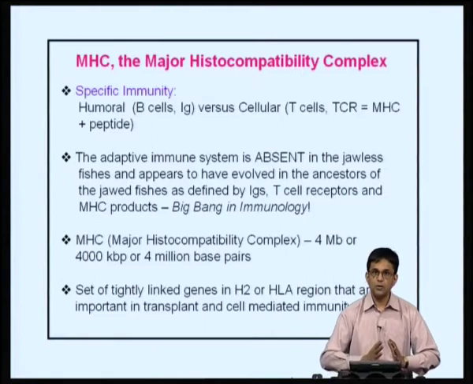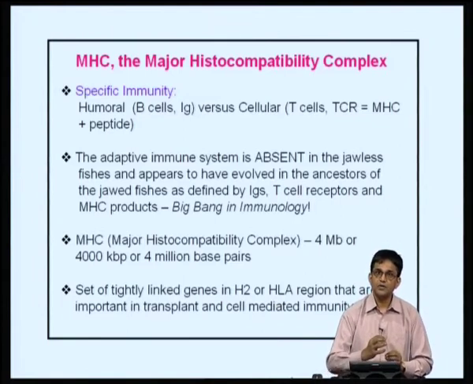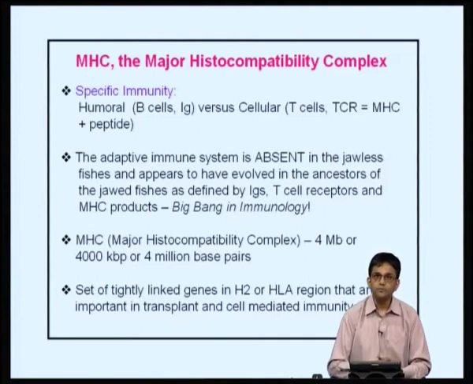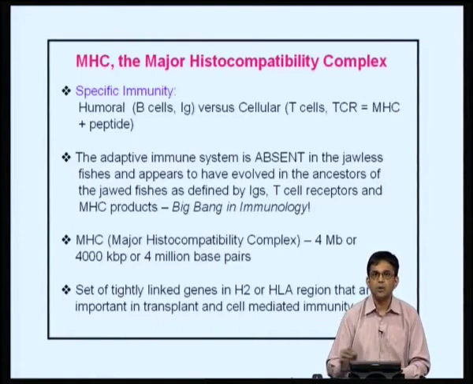So, all of a sudden you go from jawless fishes, where you do not have the MHC molecules and the typical B cell receptor and T cell receptor, to jawed fishes, and suddenly you see this emergence of the B cell receptors, the T cell receptors, and the MHC molecules. And this sudden occurrence of these molecules is known as the Big Bang in immunology. This is again something important for you to remember.